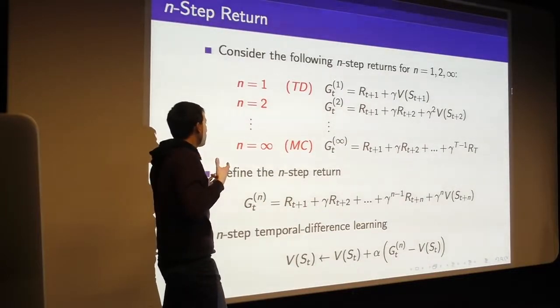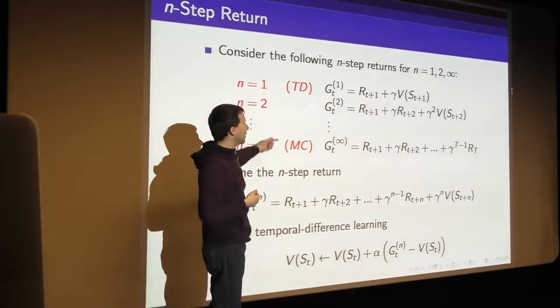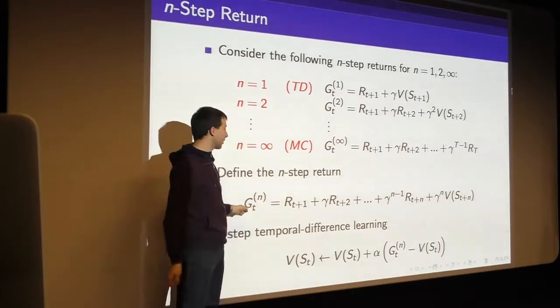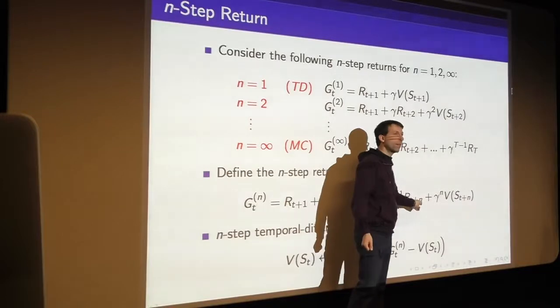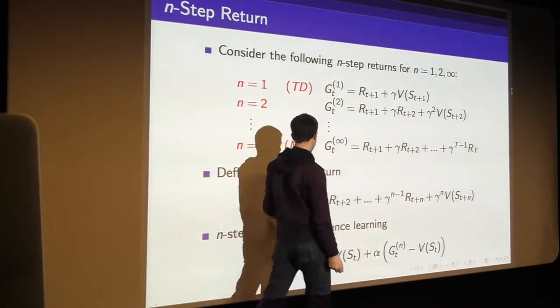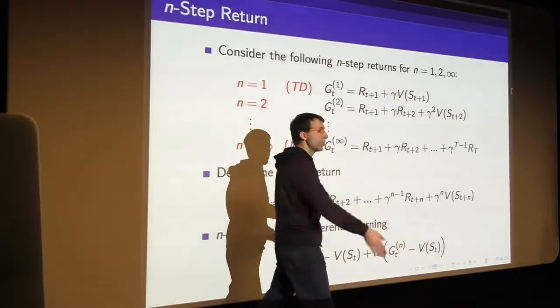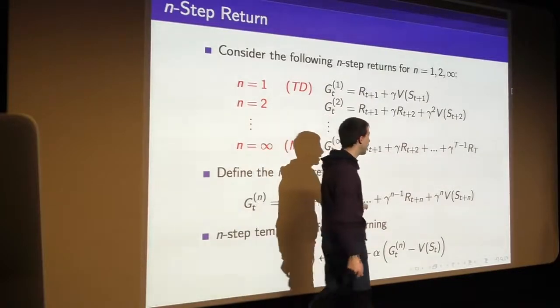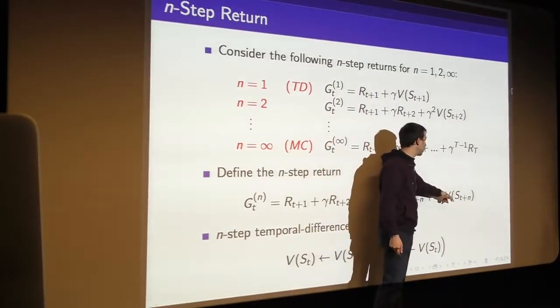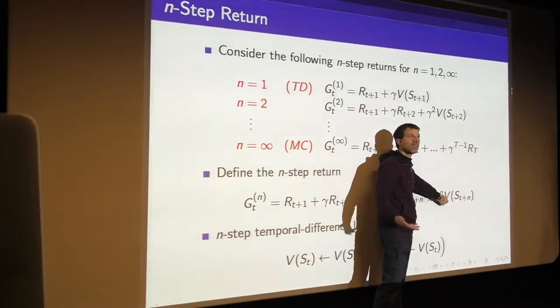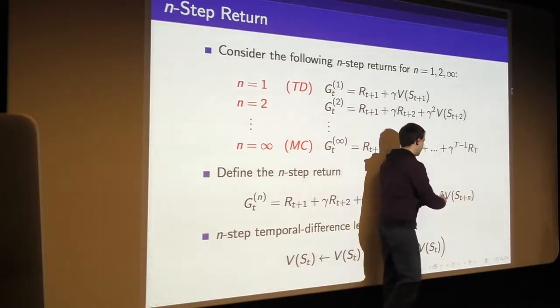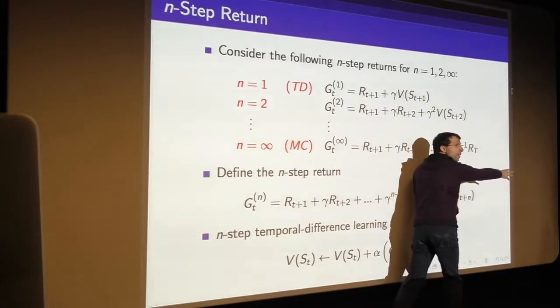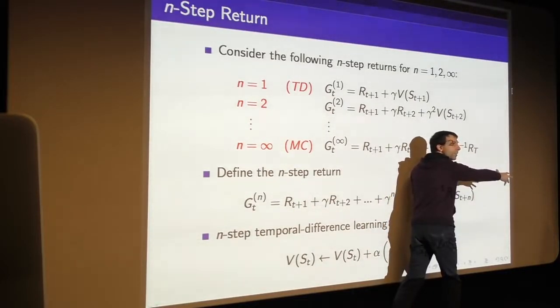And so now we can generalize this for any n. The n-step return just tells us we're going to take n steps of real reward by really interacting with the environment. So these are just random quantities that depend on our particular trajectory of where we ended up over n steps. And then after n steps, we can use our estimated value, our current value function, in the state that we end up in after n steps, as a proxy for all of the rewards that we haven't observed from that point onwards.